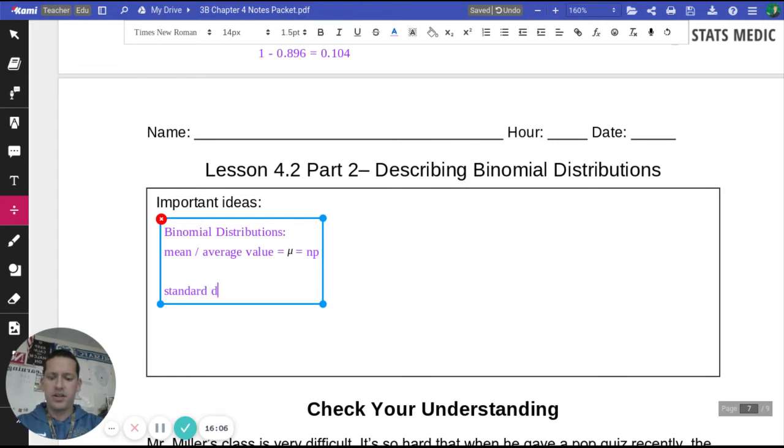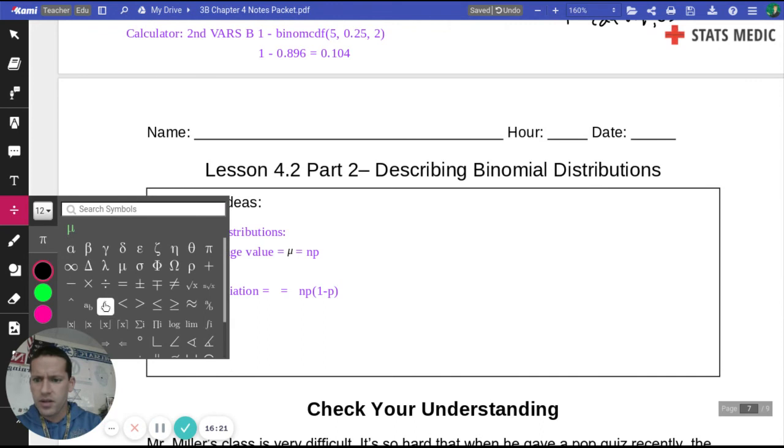Standard deviation, which is sigma, is going to be the square root of n times p times 1 minus p as well. Let's get our sigma. Let's start an equation there.